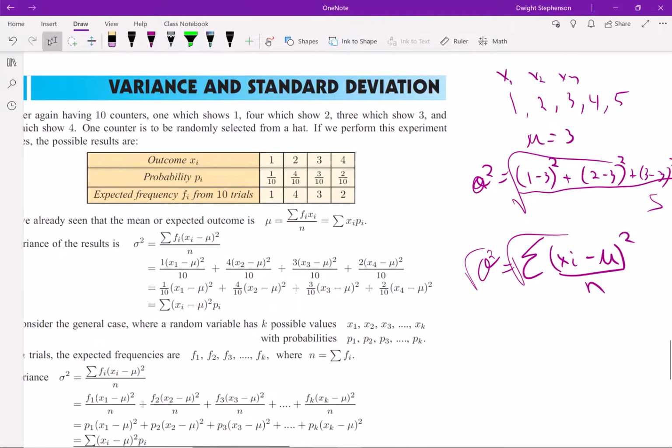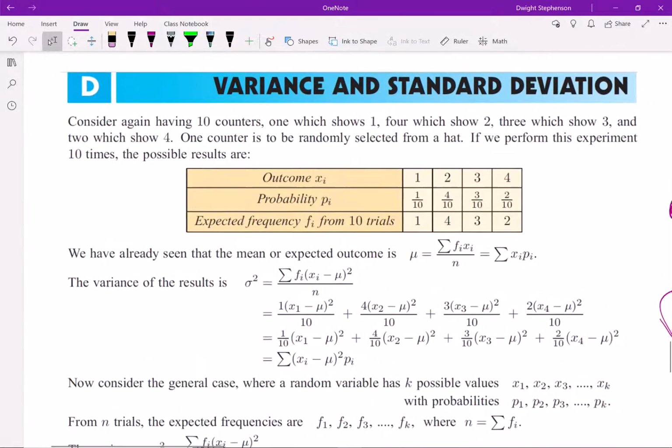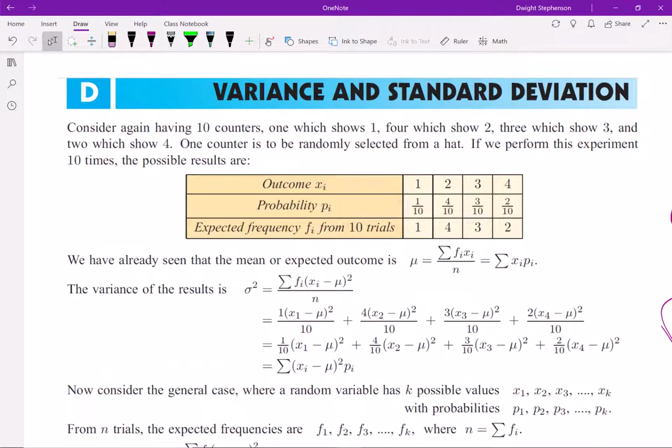Right, so we're going to apply that same thing to our discrete probability distribution. We've already seen that the mean is the same as the expected outcome, right? On average, you expect the mean thing to happen. We figured out that can be determined by taking each outcome and multiplying it by the probability of that outcome.